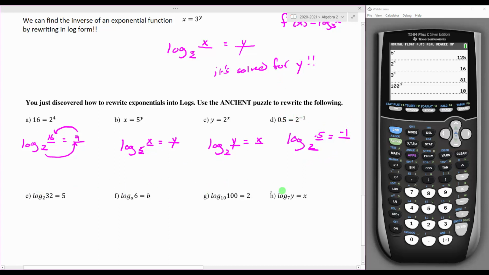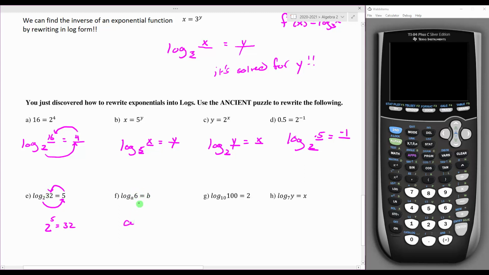Now in these bottom 4, we're going to go from log to exponential. Using my circle of life, I can rewrite this in its exponential form and say 2 to the 5th power equals 32, just like that. These are equivalent expressions. They're the same thing. Exponentials are logs, logs are exponentials. They're just written differently. We do the same thing here.